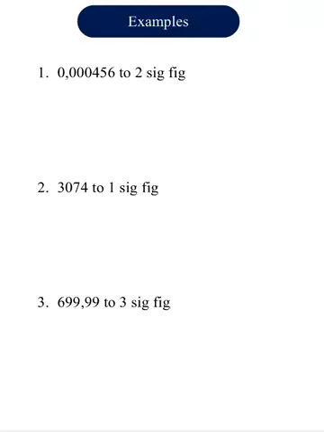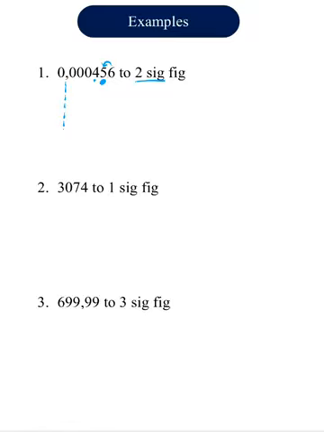Then let's look at our examples. Example number 1: 0.000456 to two significant figures. First of all we take note of the decimal point and the figures coming after it. We start counting from 4 as the first and 5 as the second. The next number, 6, affects this 5.